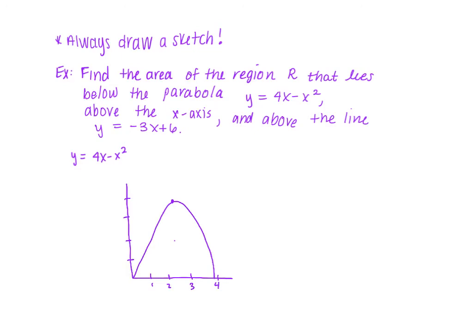And the line has a y-intercept of 6 and a slope of negative 3. Just pretend like that goes there. That intersection is 1, 3, by the way. So we're trying to find this shaded region right here.